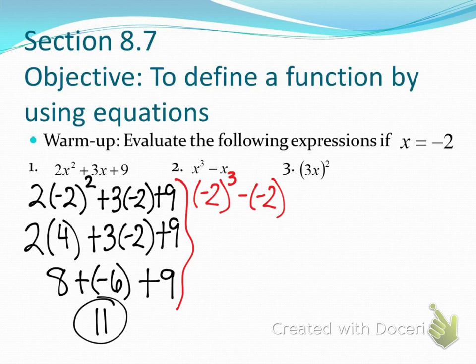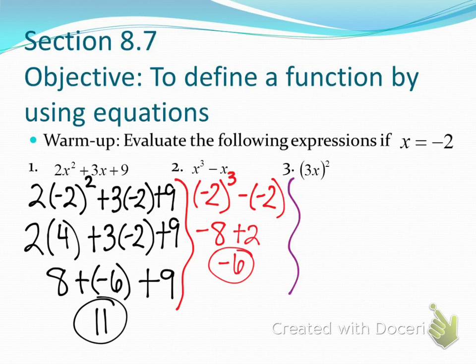Ryan? Nope. Natalie? -8. We're multiplying -2 times -2 times -2. That would come out to be -8. Subtracting a negative means I'm really adding, so I'll go ahead and change that. -8 plus 2 is -6.